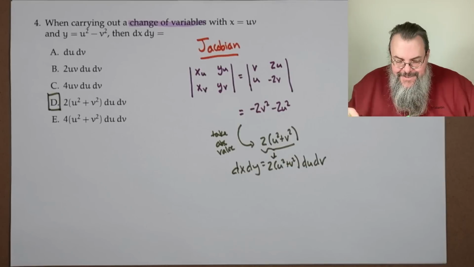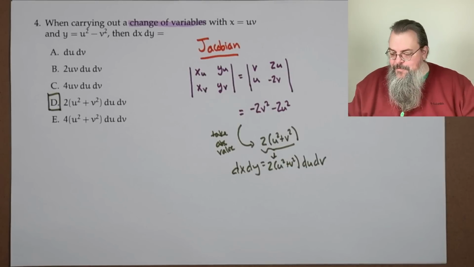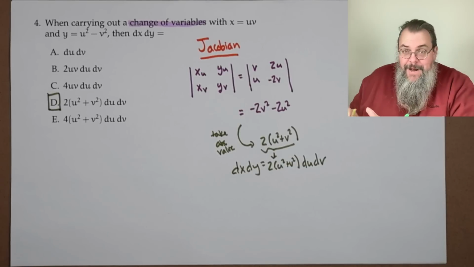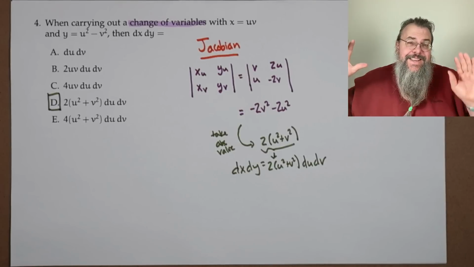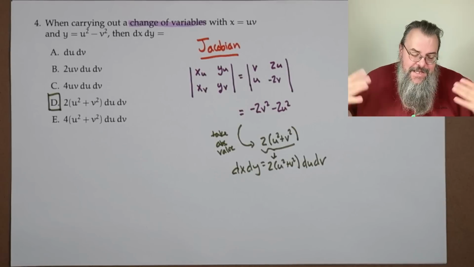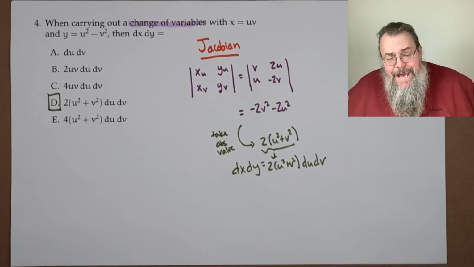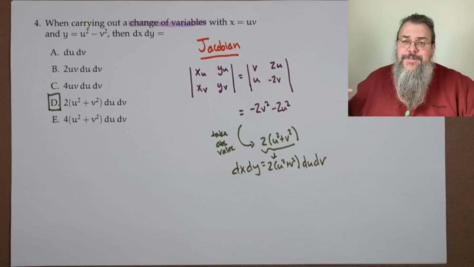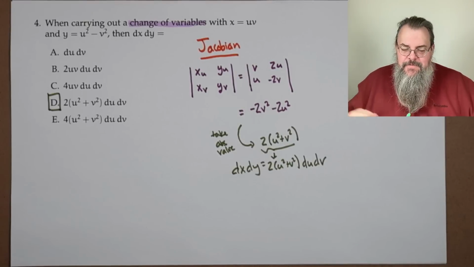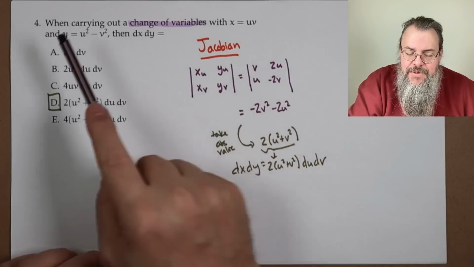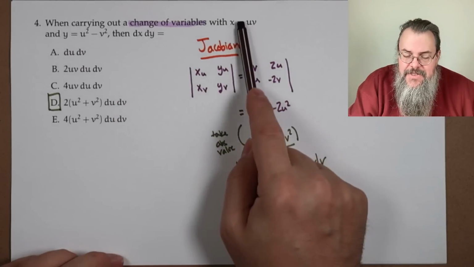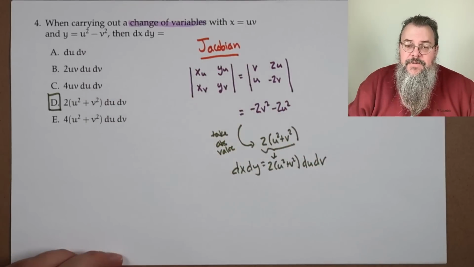Good, good. Now, we're done with the problem, but I will say it is possible that perhaps the instructor was having not the happiest day, and they said, let's change the question. Same substitution. X equals uv, y equals u squared minus v squared.